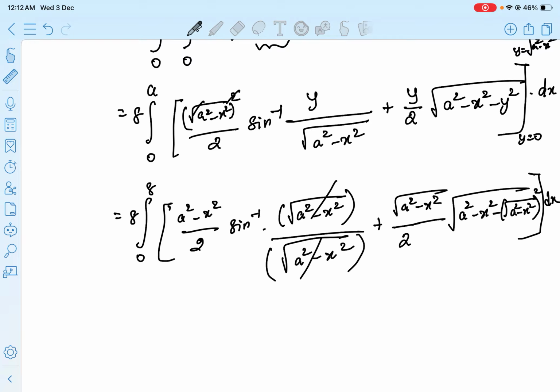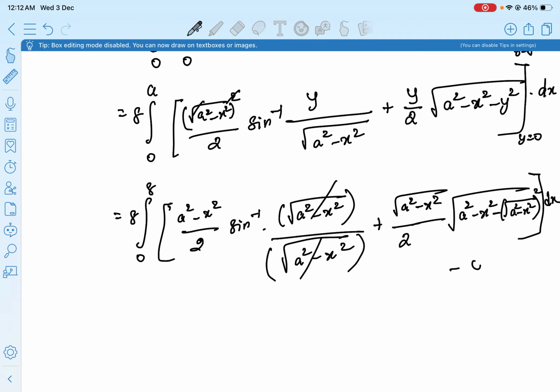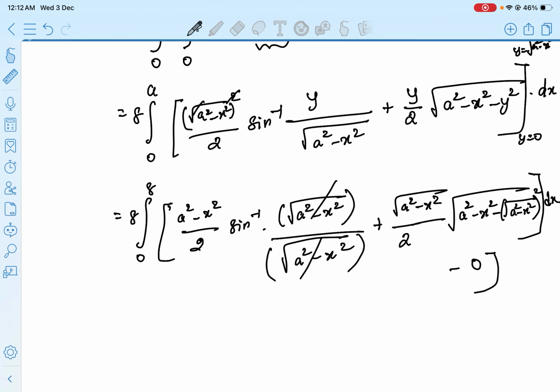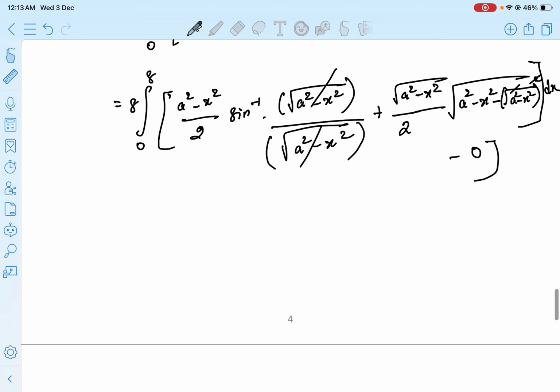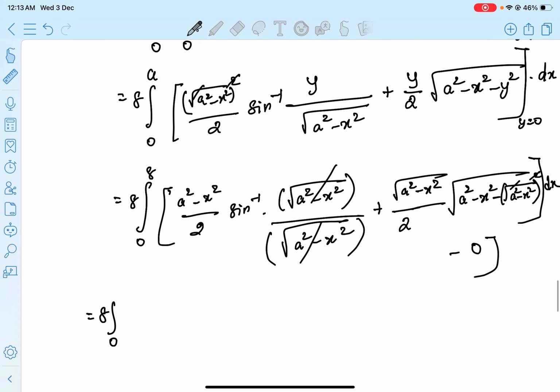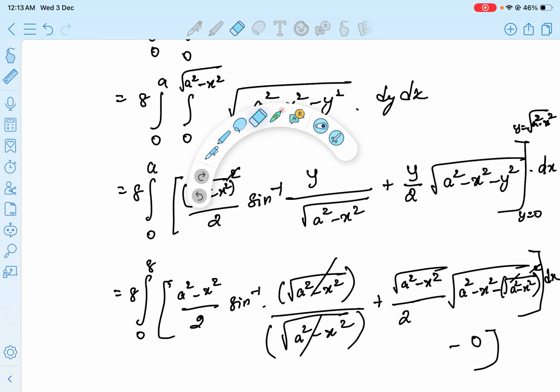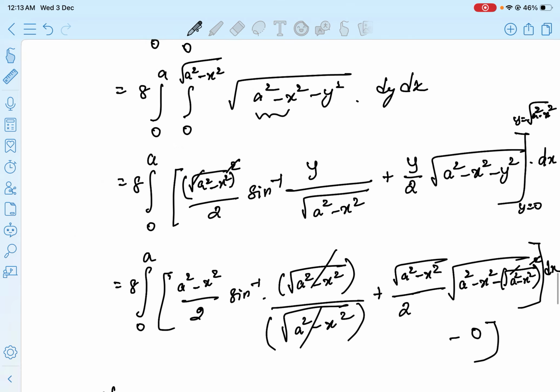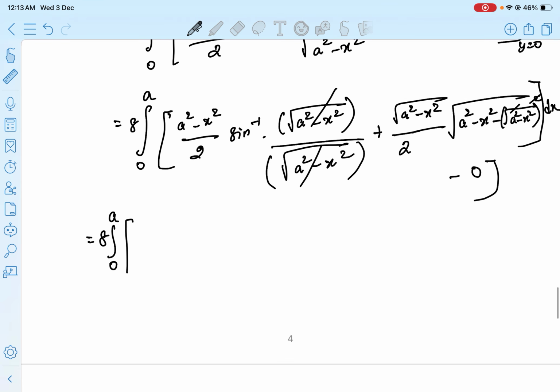Okay, and the lower limit will become 0. That's why I have not mentioned it here. The lower limit is 0 because y is in the multiplication, so it will become 0. Okay, now the square and root will get cancelled, and what we have, 8 integral 0 to a, a square minus x square by 2.